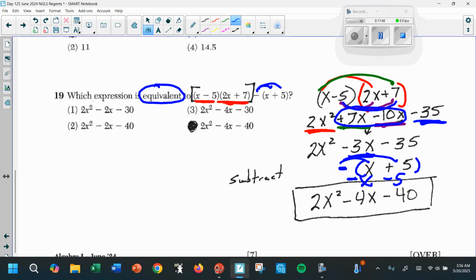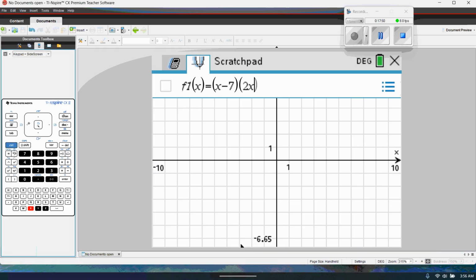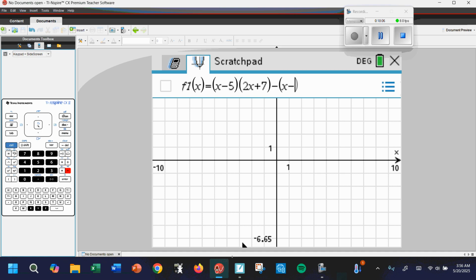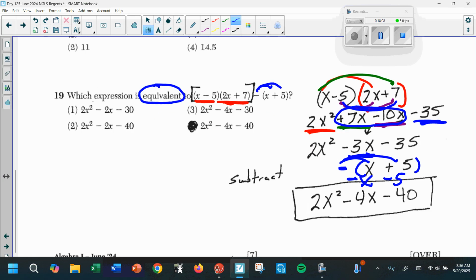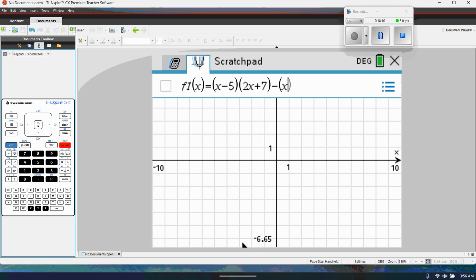Good job, Morrow. So this was completely wrong. Silly Morrow. So 2x plus 7. And then I believe it was minus x minus 5, and I bet it's plus 5. It is plus 5. Good job again.